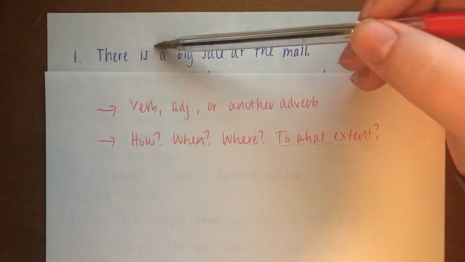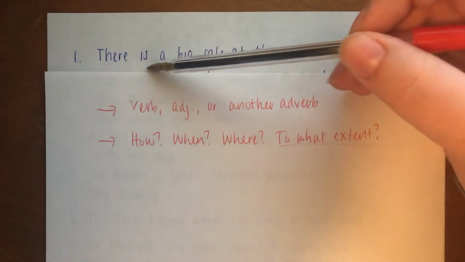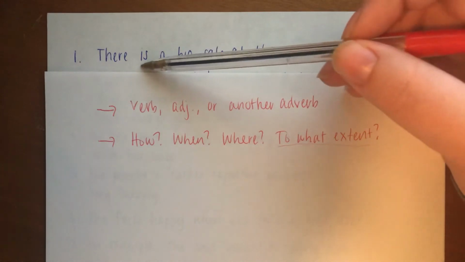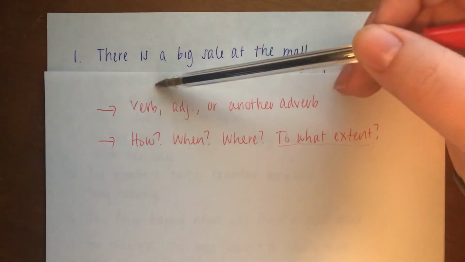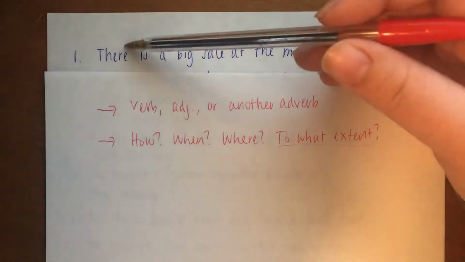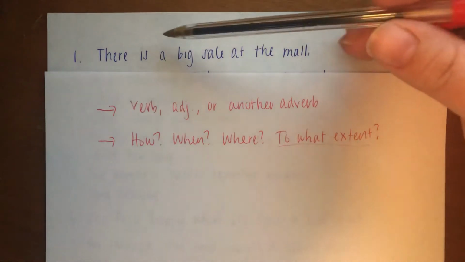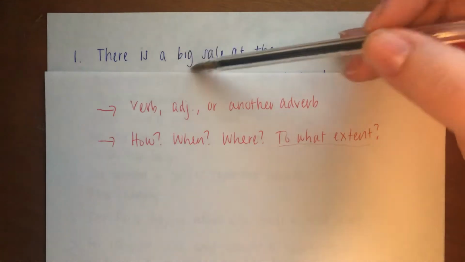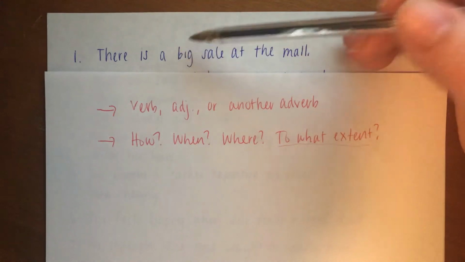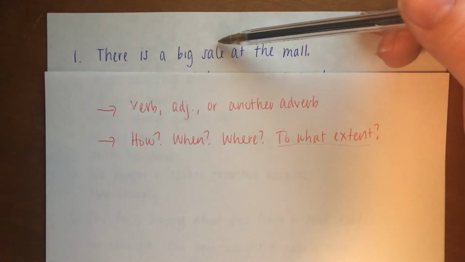Here we see is our verb. Is is not an action verb, it's a linking verb. So we can't have an adverb modifying a linking verb. And if you look at the rest of the sentence, there is a big sale at the mall. Big is an adjective, but there's nothing that goes into more detail about big. Sale is a noun, so it can't be modifying a noun.